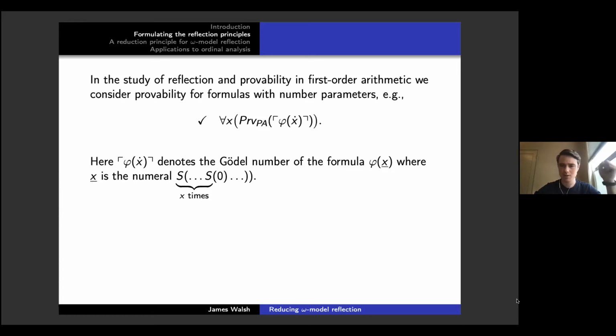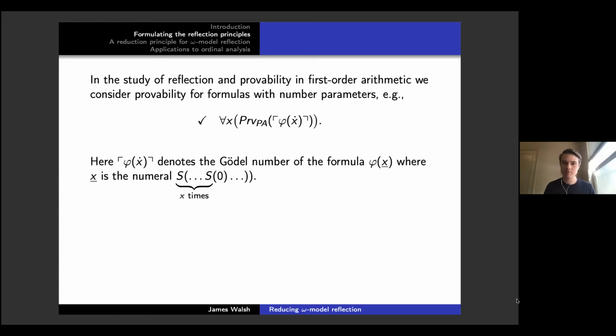What does this mean, for every x, PA proves φ(x)? Well, the reason that this makes sense is because every single number has a canonical name in the language of PA. 0 is named by 0, and 1 is named by S(0), and 2 is named by S(S(0)), and so on.